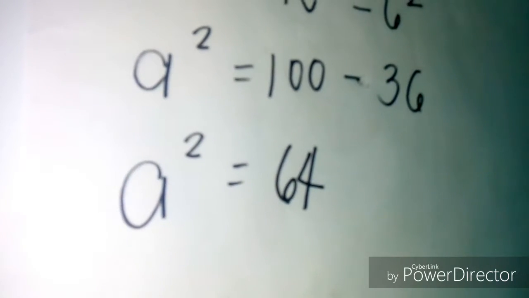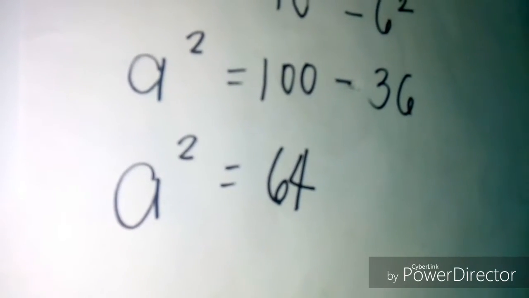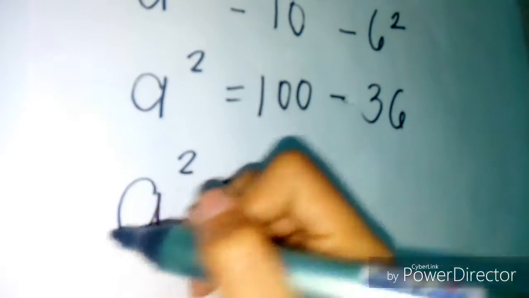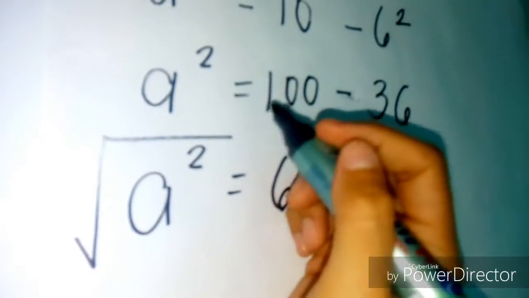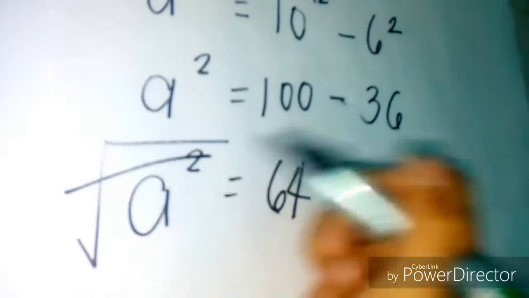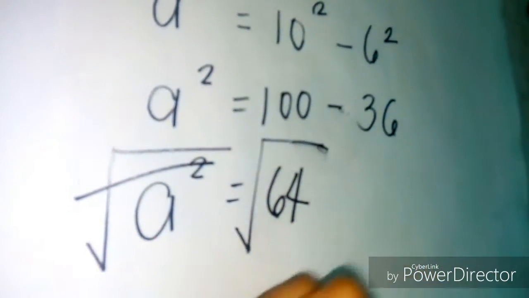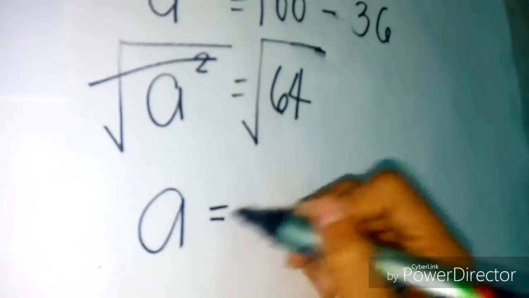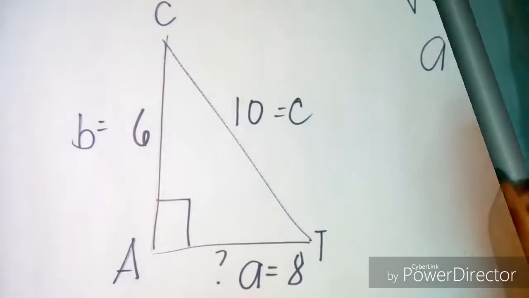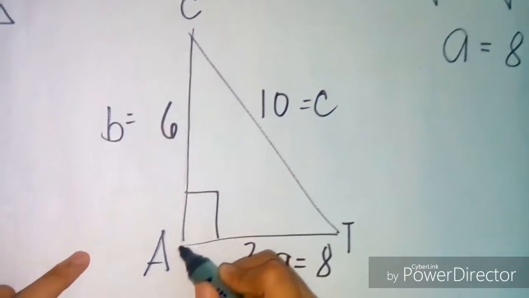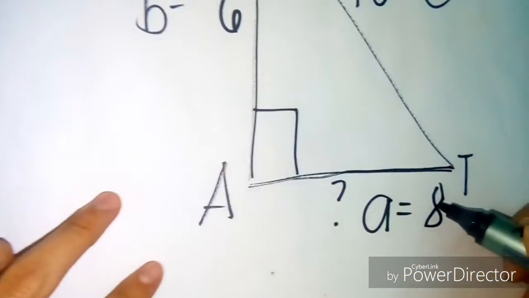Since it is a squared, let us eliminate the square by getting its square root. So the square root of a squared will be cancelled out, and the same with the 64. Let us get its square root, so a is 8. Since a is 8, and we are finding line AT, our line AT is 8.